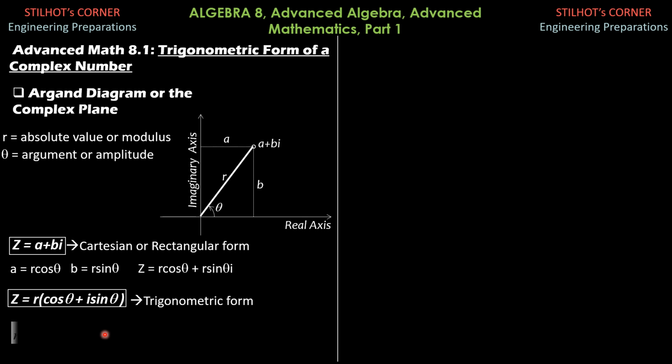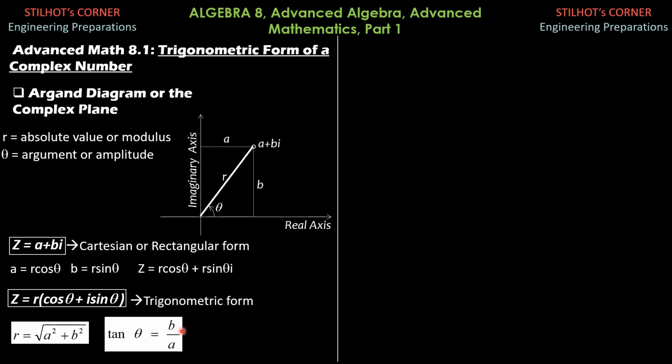And we have r equals square root of a squared plus b squared, the magnitude or absolute value, and tangent theta is b over a. So same representation of theta, positive in counterclockwise direction.